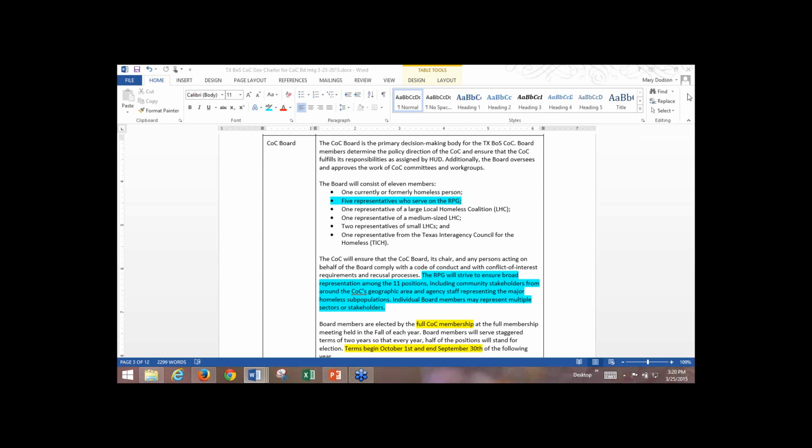And number two, if you're from a community that is not in the Texas Balance of State, please do not vote on this issue for the COC governance charter. I don't see anyone who's not in the Texas Balance of State that has joined us, but just in case any of you are from another COC, please refrain from voting. But the rest of you, please vote.